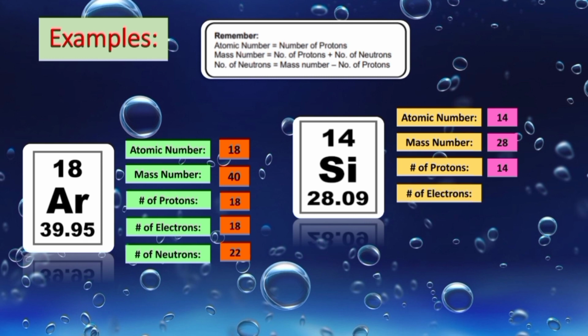Then, ilan naman yung electrons? The answer is also 14. Bakit? Because this atom is neutral. And finally, neutrons, paano gagawin? Mass number minus protons. So, 28 minus 14 is 14. That's it. So, I hope that is clear for you.